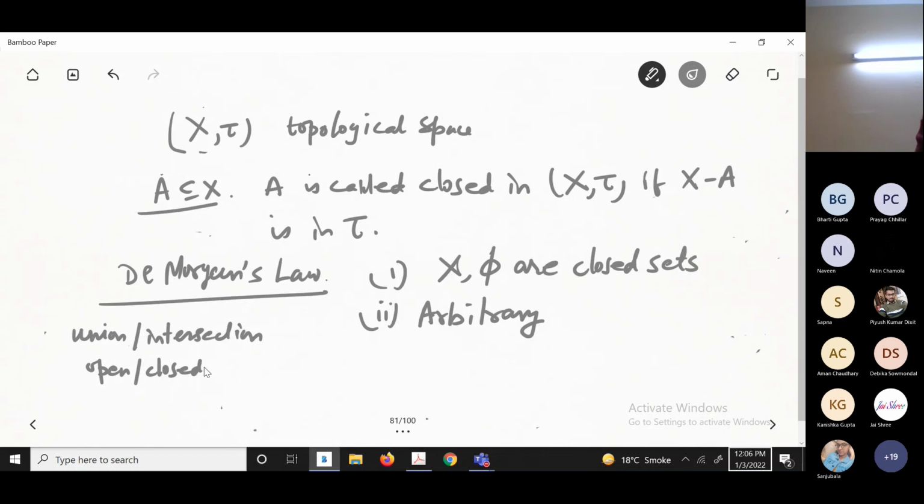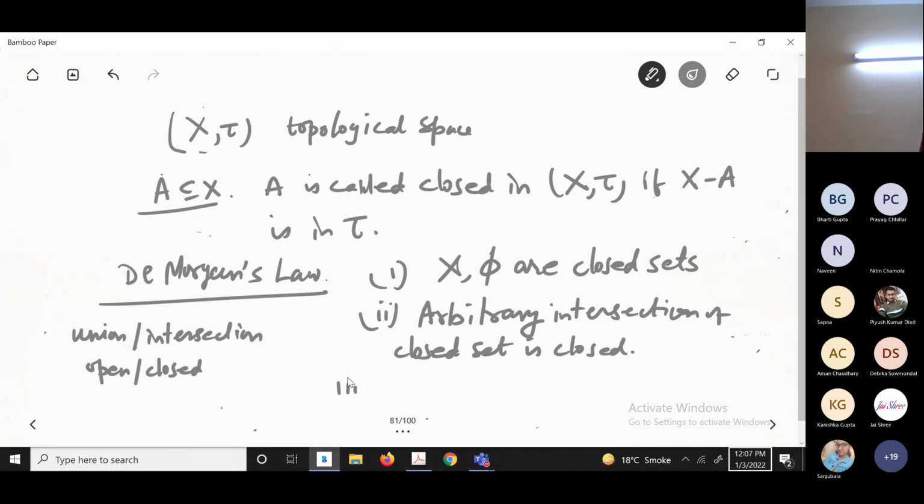So arbitrary union of open sets is open. So union, you are changing to intersection. There also you'll have to change open sets by closed sets. Arbitrary intersections of closed sets is closed. You have replaced open by closed, union by intersection.